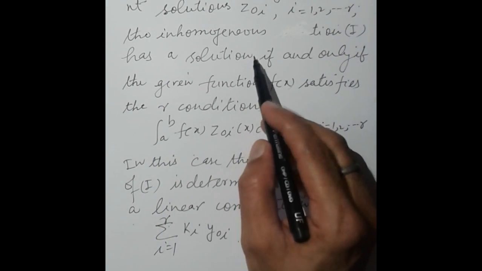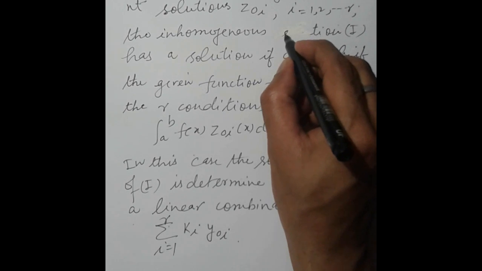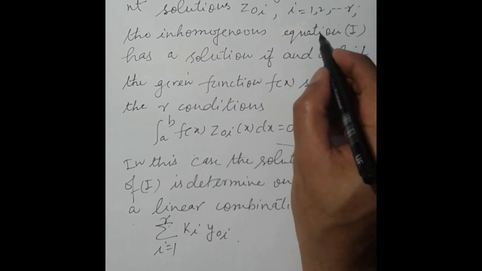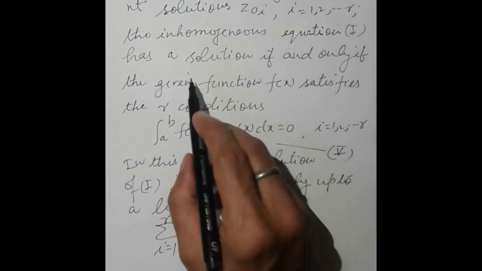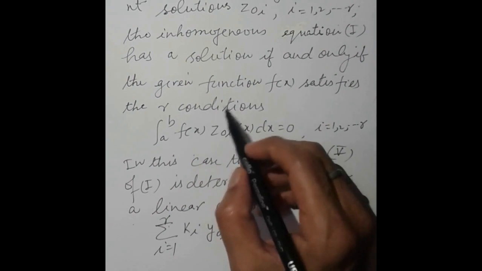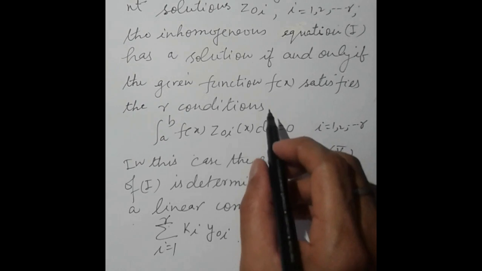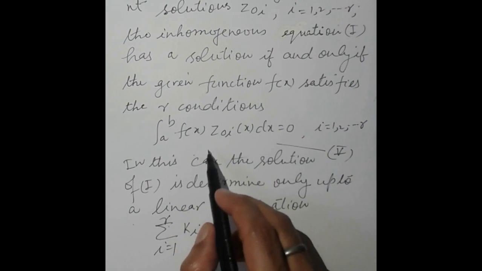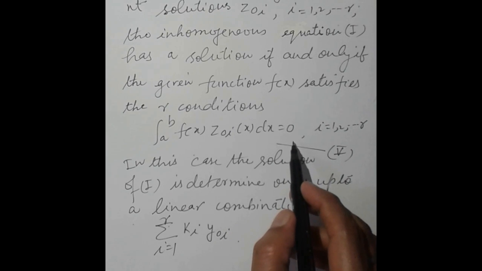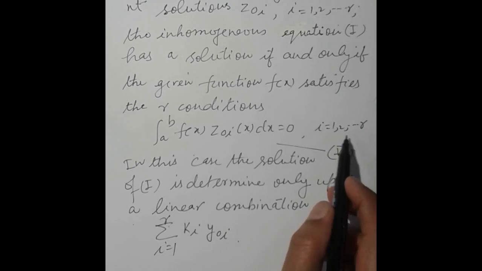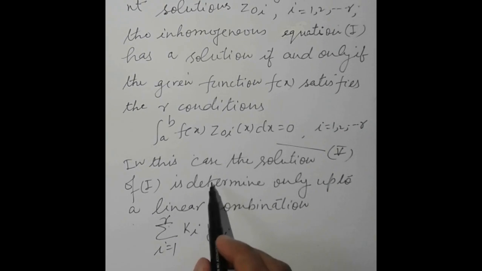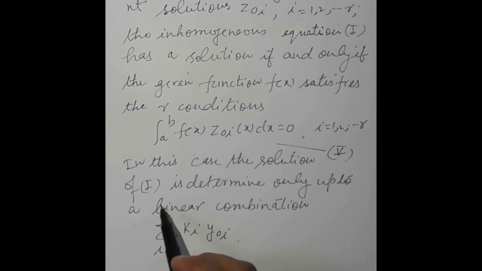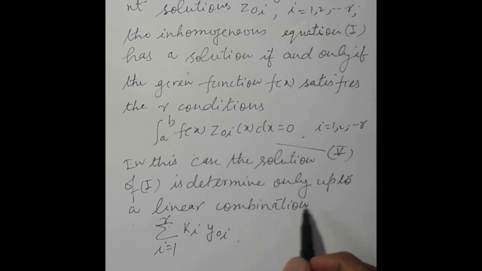The inhomogeneous equation first has a solution if and only if the given function f(x) satisfies r conditions: the integral a to b f(x) z naught i(x) dx equal to 0, i equal to 1, 2, 3 up to r. In this case, the solution of the integral equation first is determined only up to a linear combination, summation i equal to 1 to r, k i y naught i.